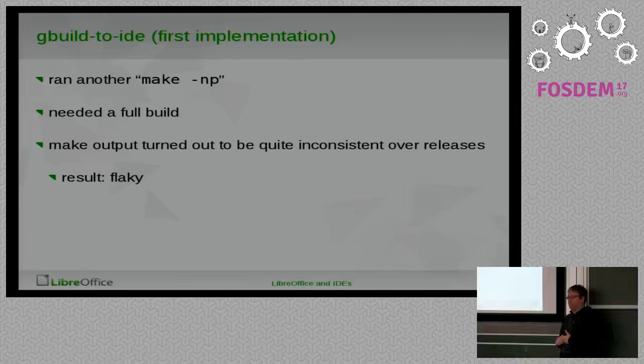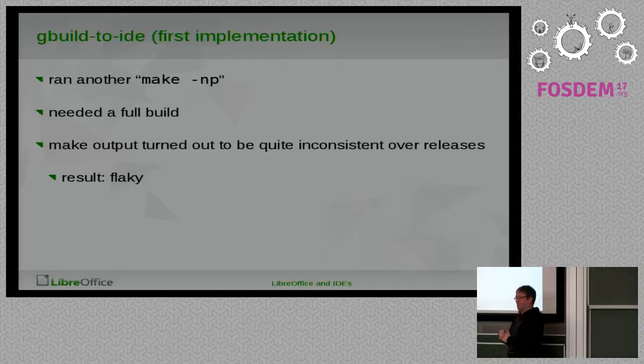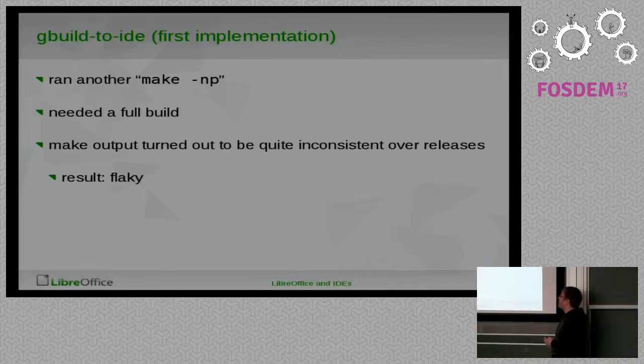So the parser for this always needed more stuff, and I looked at this and thought, this is not good. We're taking more time to parse the info than is actually in there. And the result was always flaky because people were using different versions of make, and it was kind of tricky to use this in a reliable way.